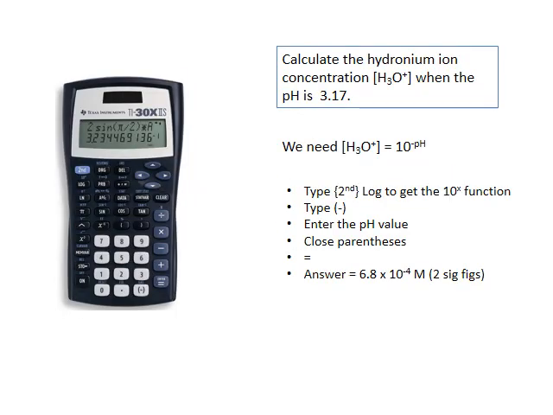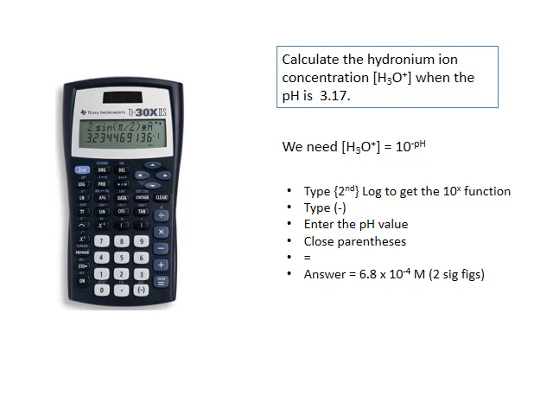Okay, going the other direction, if we have the pH but we want the hydronium ion concentration. To do this, I have to take the power 10 exponent of my pH.